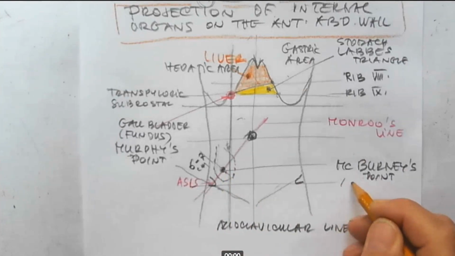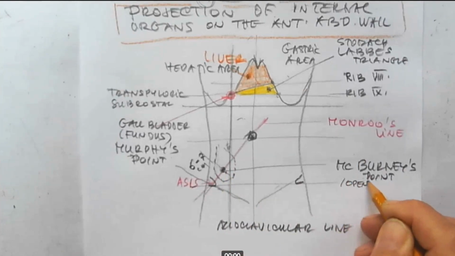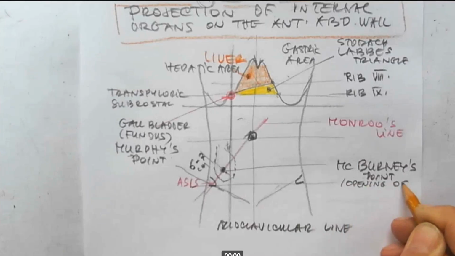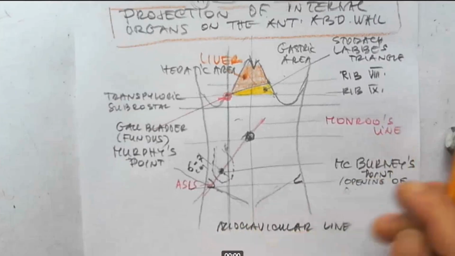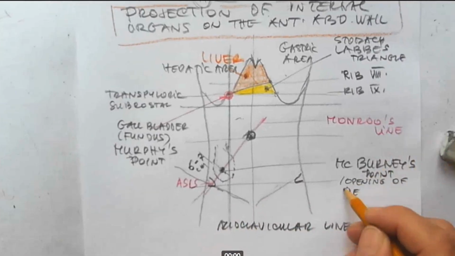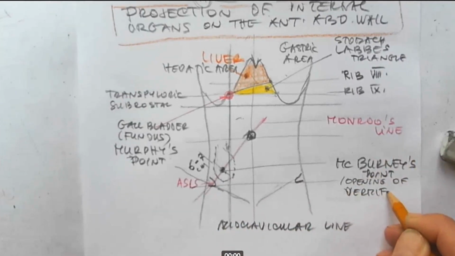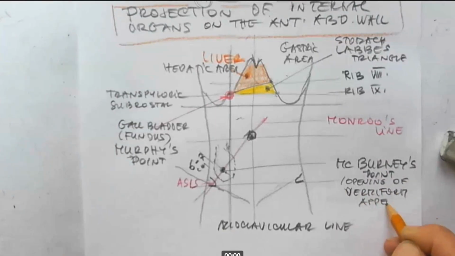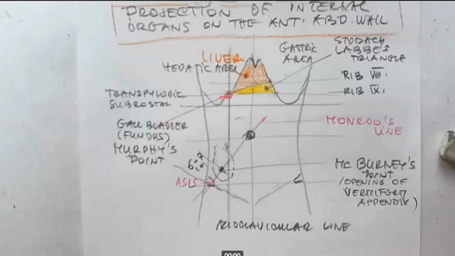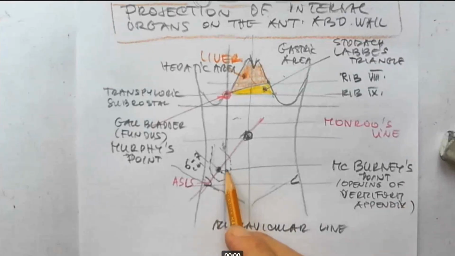So we could say the opening of the appendix, or better the vermiform appendix, or attachment of the appendix, doesn't matter, the vermiform appendix to the cecum, right?